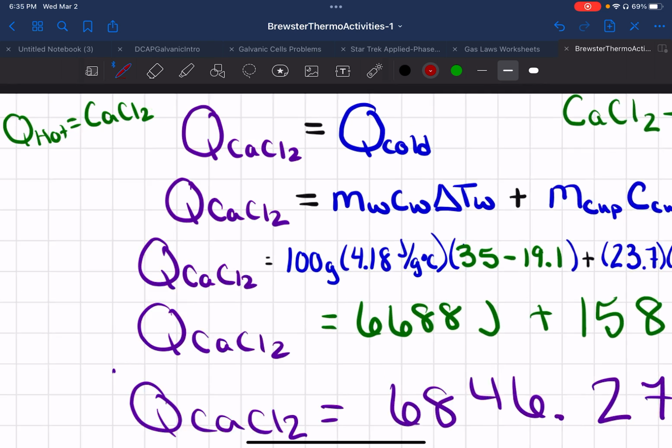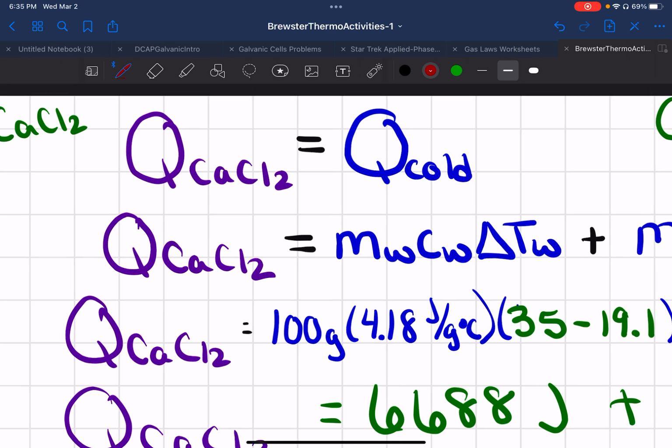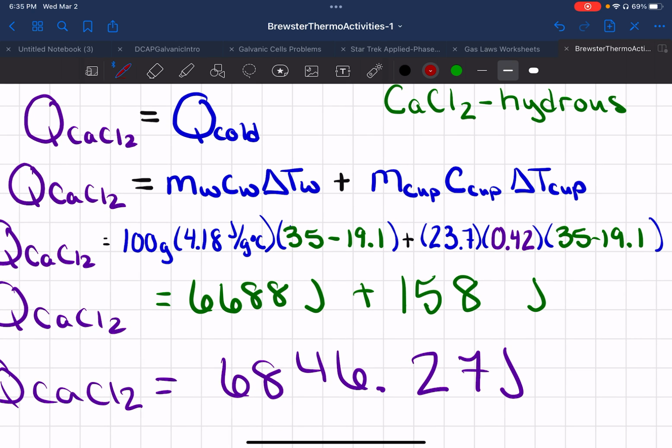So whatever energy the Q cold had, that's the energy that the Q calcium had. So when you place the calcium chloride in a solution and it starts dissolving, the water is absorbing that energy, whether it's an endothermic or an exothermic reaction. And so in this set of calculations, I have the mass of the water, CW water, the delta T of the water, plus the mass of the cup, C of the cup, and delta T of the cup.